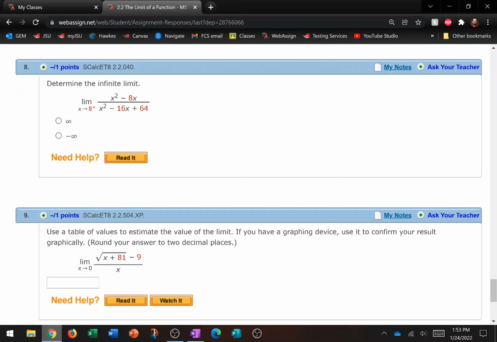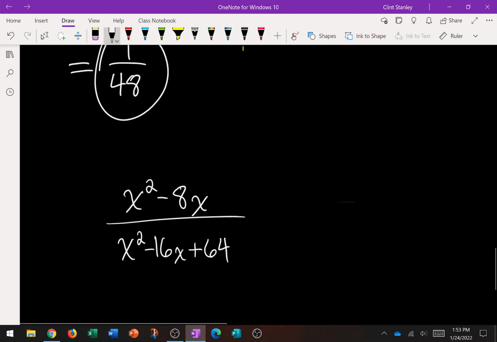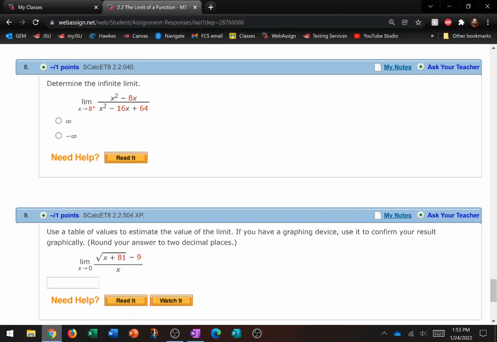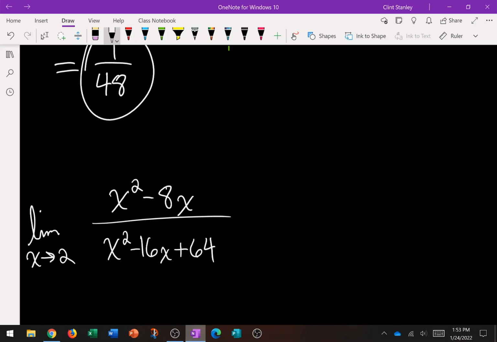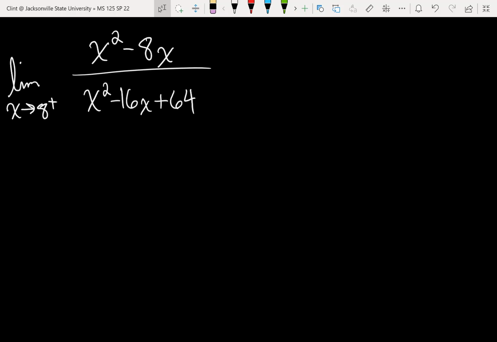My short-term memory is garbage, so bear with me. x squared minus 64. Yeah, definitely factoring is a good way to simplify what we're looking at.